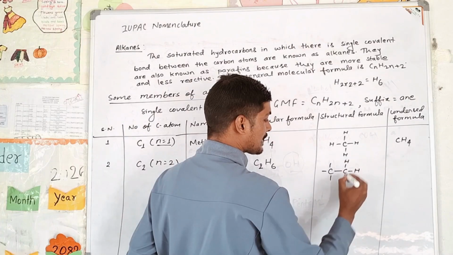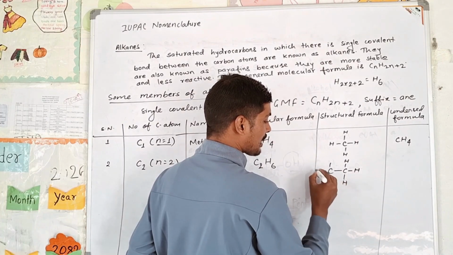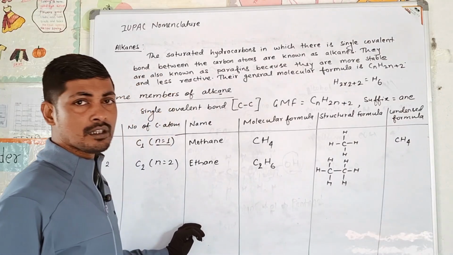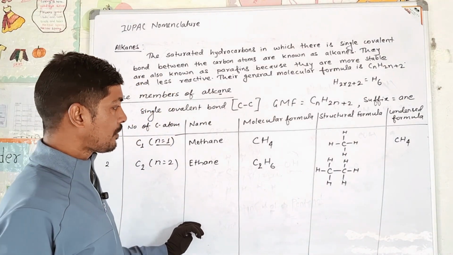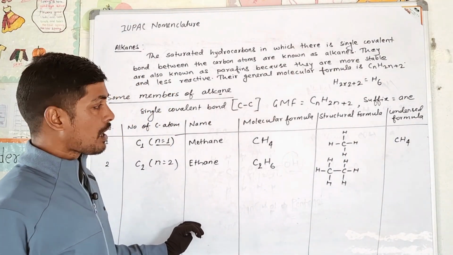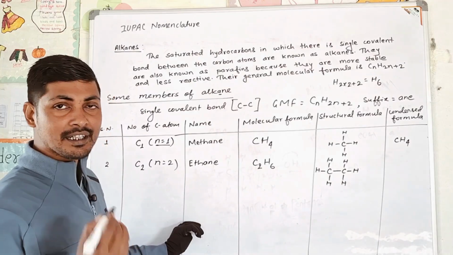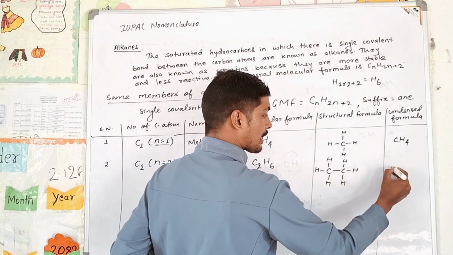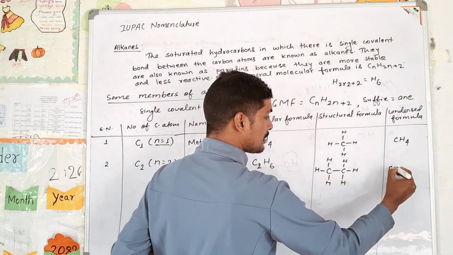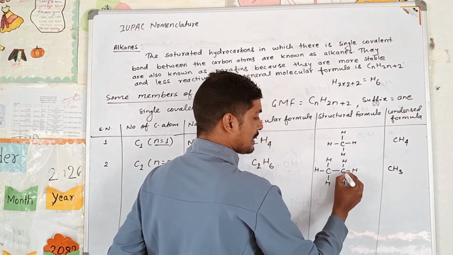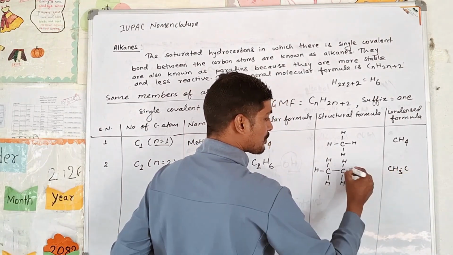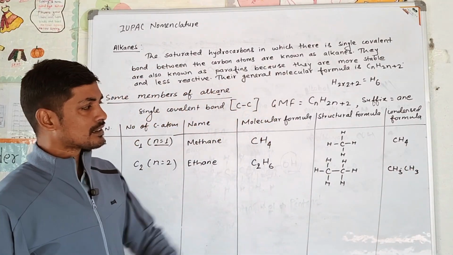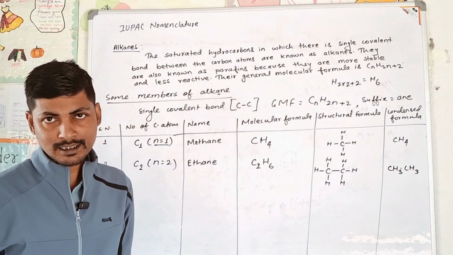So here also you write like this, connect hydrogen in each covalent bond and you will get the structural formula of ethane. After the structural formula of ethane, the condensed formula. You see there are 2 carbons. In the first carbon, how many hydrogens are connected here? 3, CH3. In the second carbon, how many hydrogens are connected there? 3 hydrogens. So this is the condensed formula of ethane.